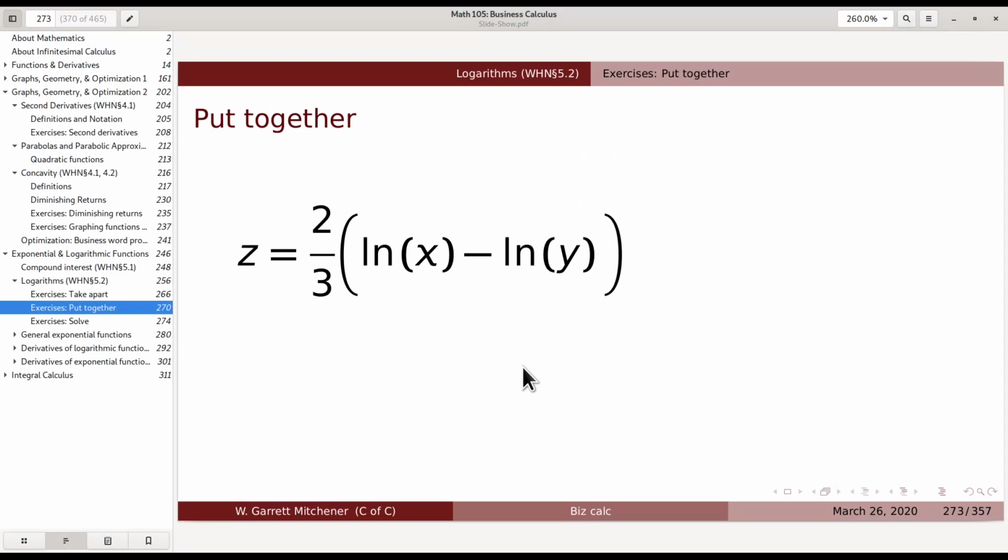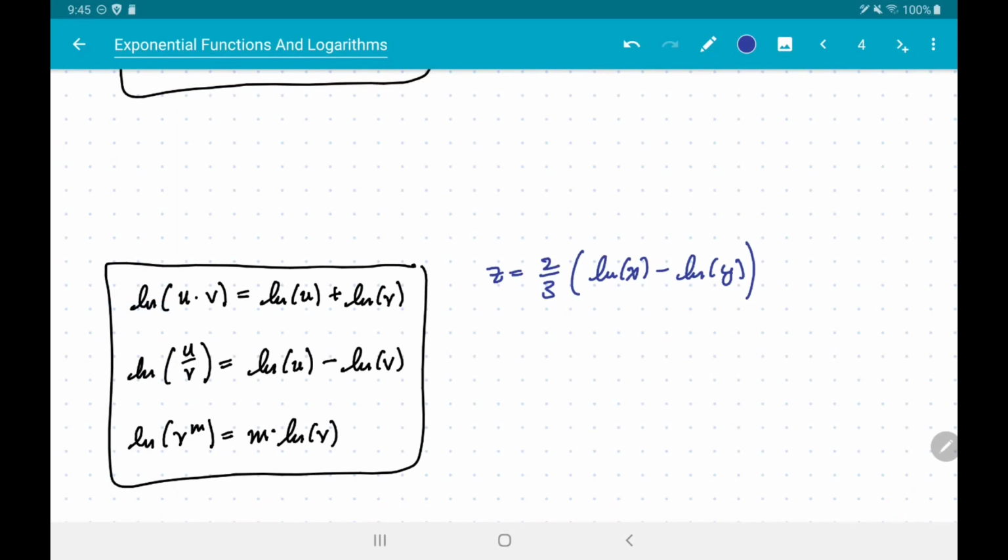Here's our next example. So take a moment and try that one on your own. Okay, let's work on this one.